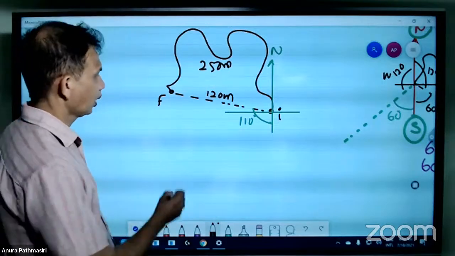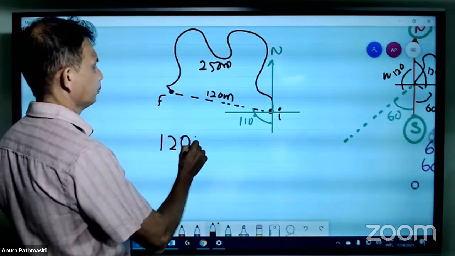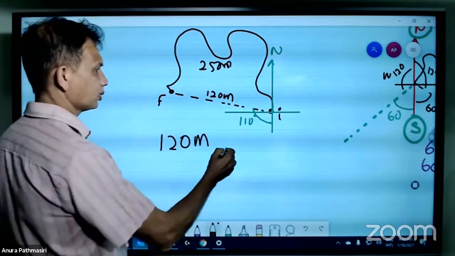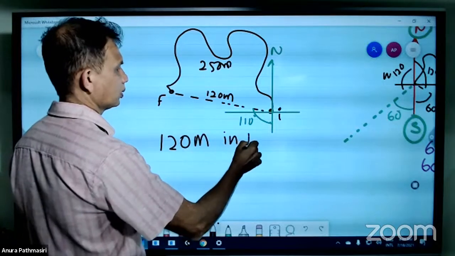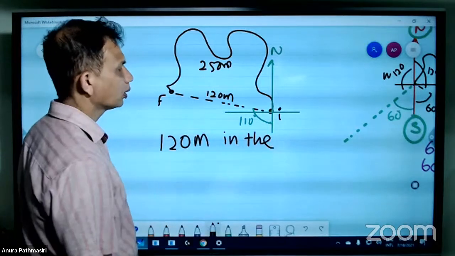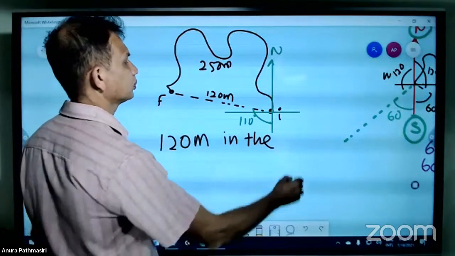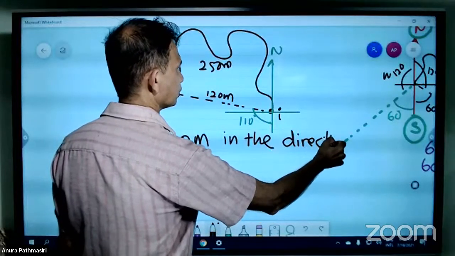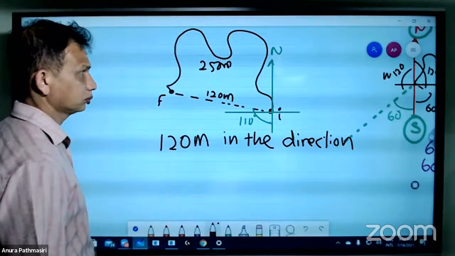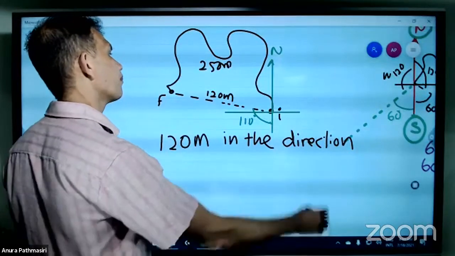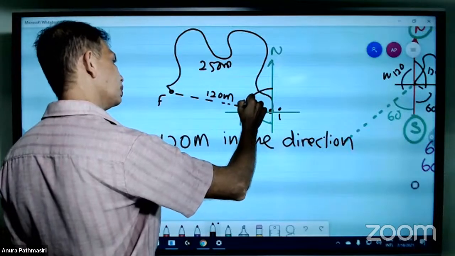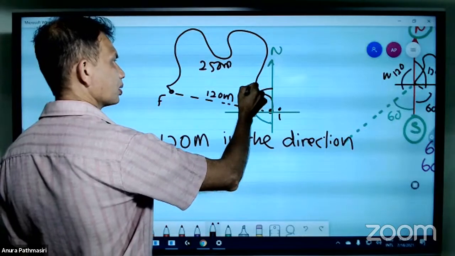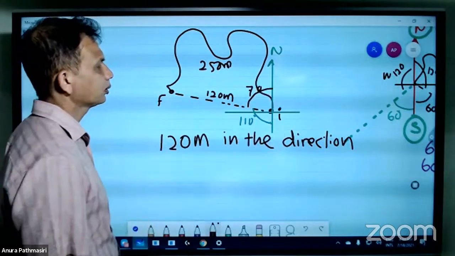120 meters. Next, in the direction of 70 degrees from north to west. D-I-R-E-C-T-I-O-N, in the direction. What is the angle here? 70, right?